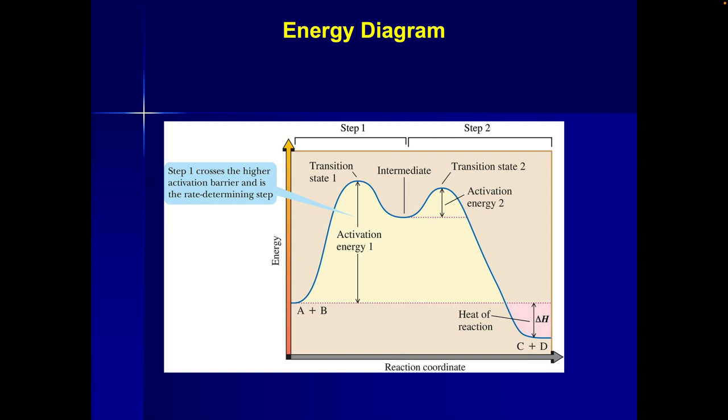As this bond starts to reach out and make a bond with the hydrogen, we're having to break that pi bond, and we're going to have to start breaking that sigma bond. We're going to have to put energy in, right? And so the energy goes up to what's called a transition state.